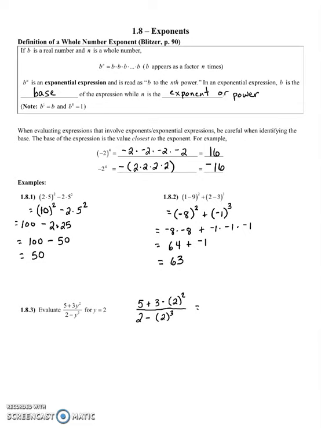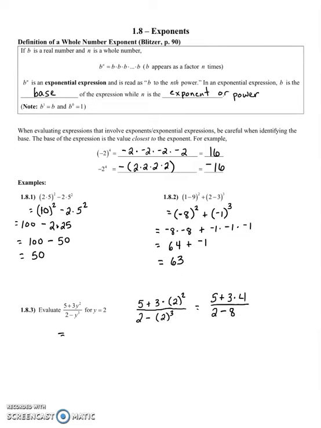So let's see, that is 5 plus, exponents first, so 3 times 2 squared is 4. And in the denominator, we have 2 minus 2 cubed is 8.